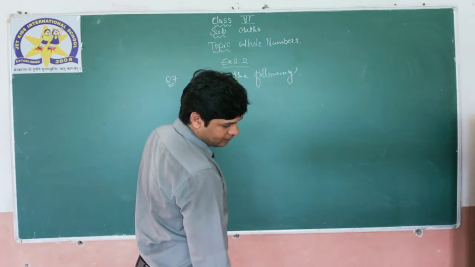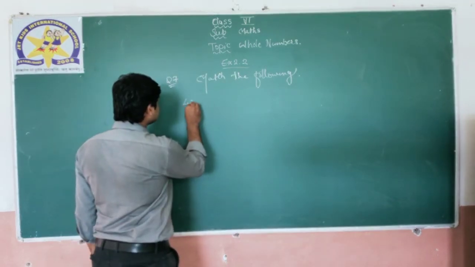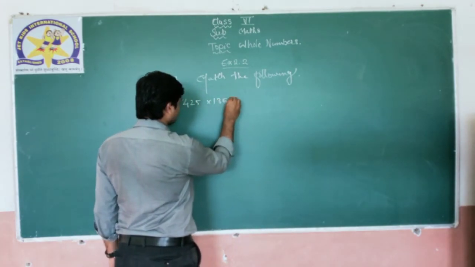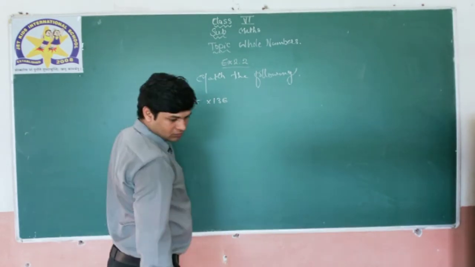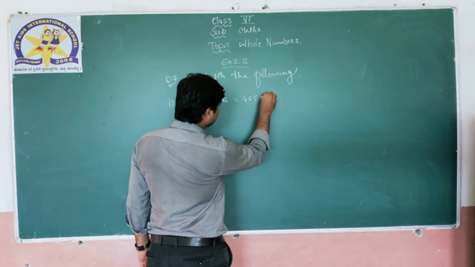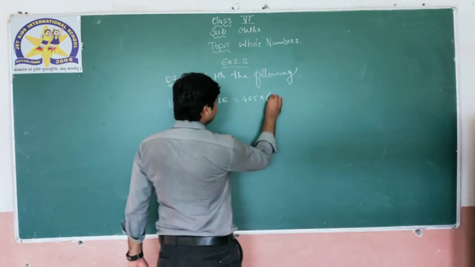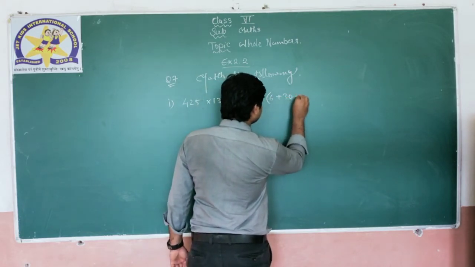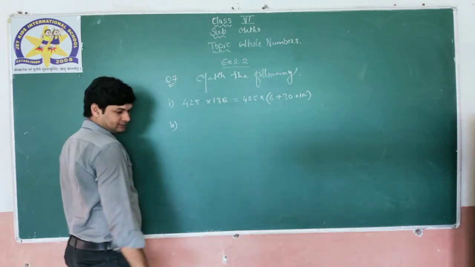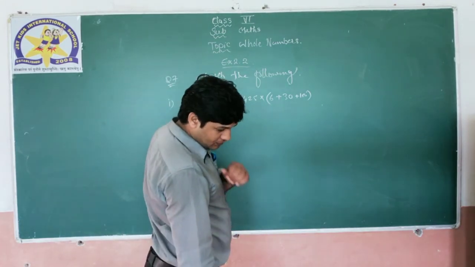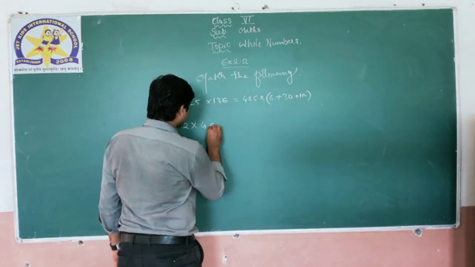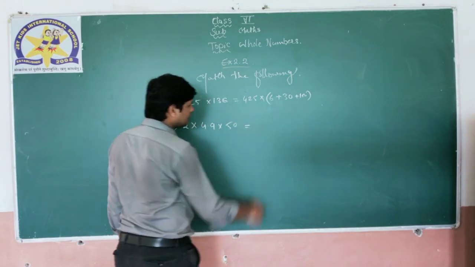So it is given 425 multiplied by 136. It is given 425 multiplied by 6 plus 30 plus 100. Okay. Now the second thing, 249.50 multiplied by 49 multiplied by 50 that is equal to.